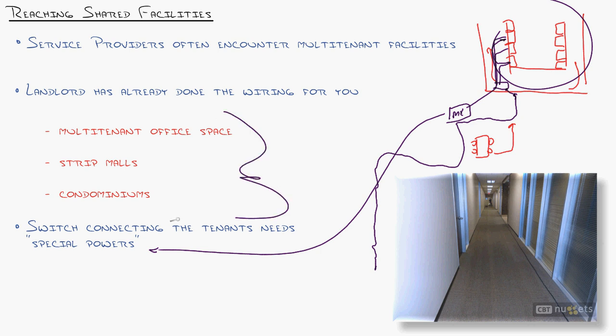So these are the typical spaces: multi-tenant office space, where executive suites are separate, but you've got one switch to connect them all. Strip malls, condominiums, and let your mind go to wherever those kind of facilities are. That's where the ME series fits.